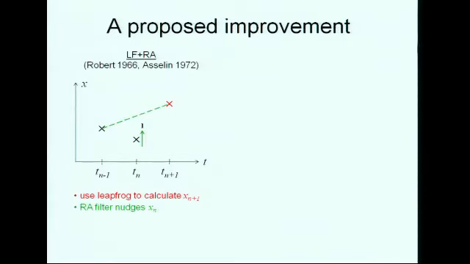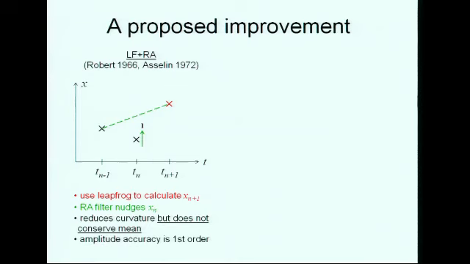So what is done in practice is that this Robert-Asselin filter is used to nudge the middle state vector up towards the midpoint of the 2 outer state vectors, and that stops the even and odd time steps from splitting apart. However, it also reduces the accuracy of the integrations. And this is only a first order scheme.